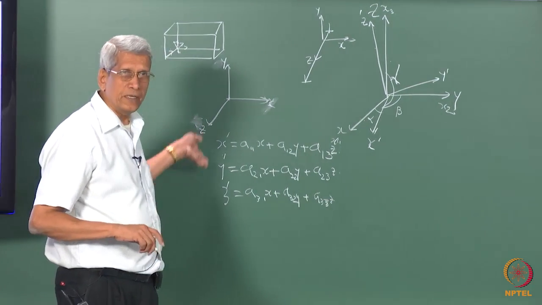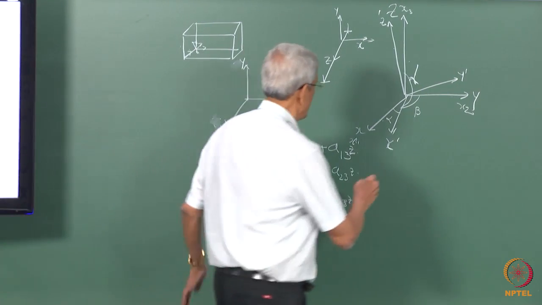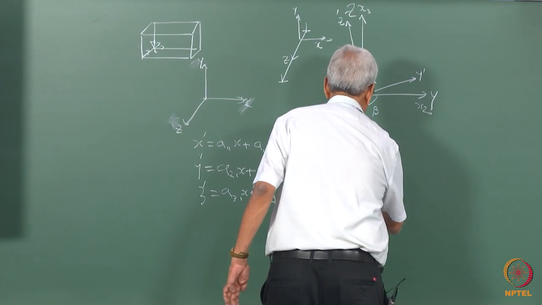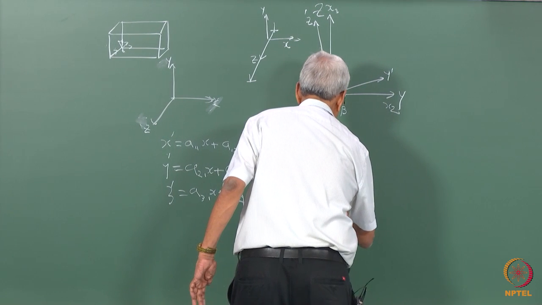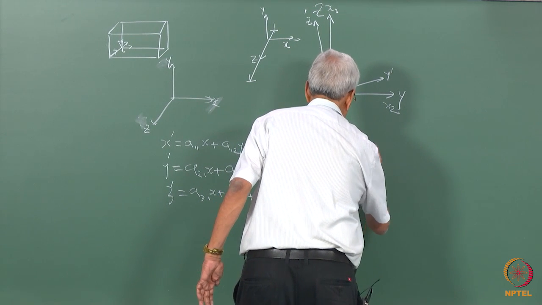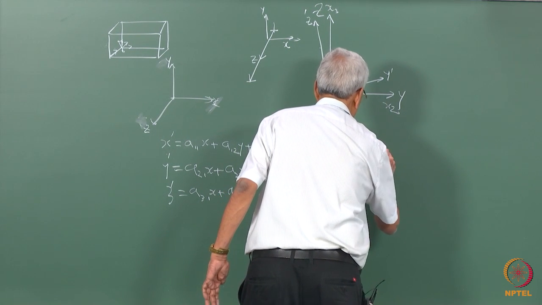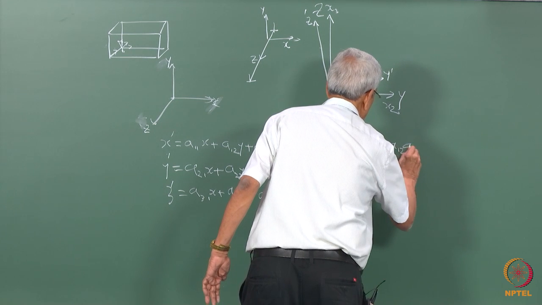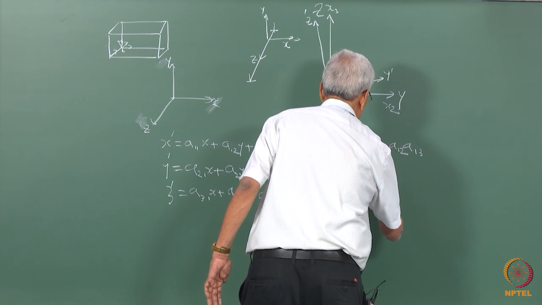This can be written in matrix form also. As a column vector, we can write x dash, y dash, z dash, and this will be equal to the matrix with entries A11, A12, A13 and so on, times x, y, z.